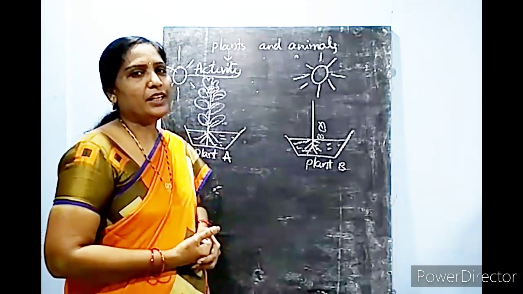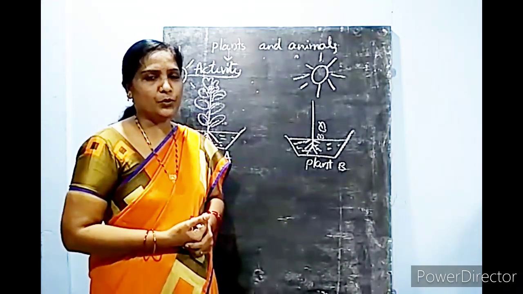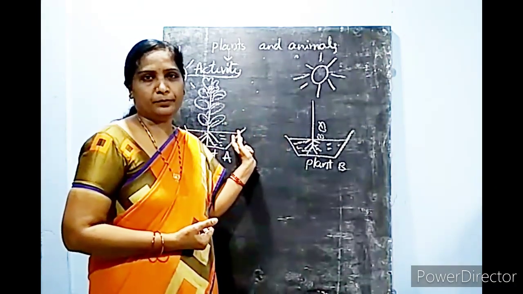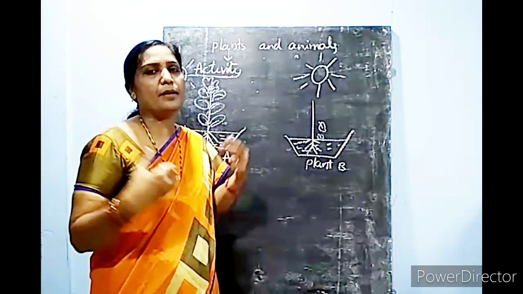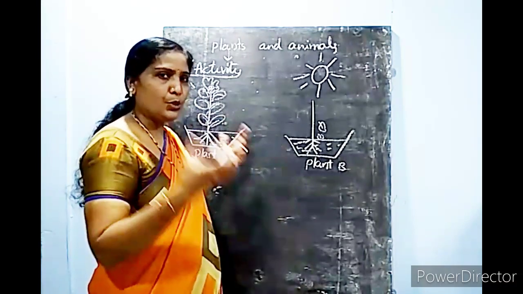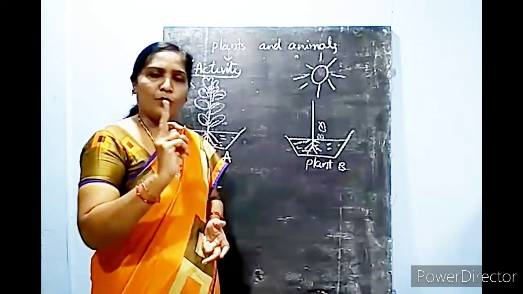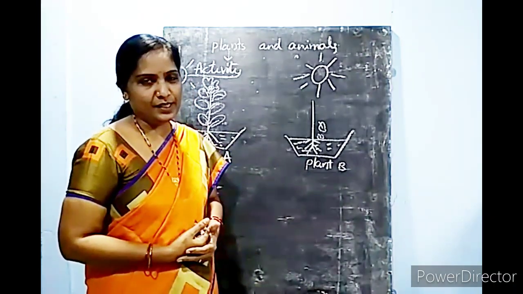Now we will write our predictions. In your volume book, page number 12, it asks you to draw the same activity setup, as I did in my drawing. Do the same in your notebook, or use your creativity and do it in any different way. One plant with leaves and one plant without leaves.